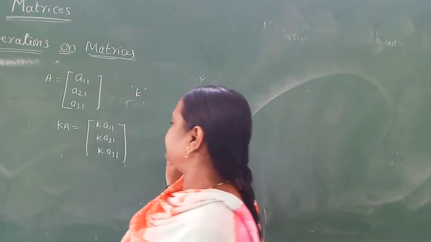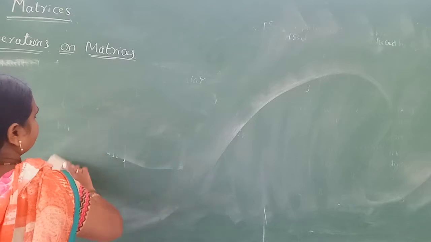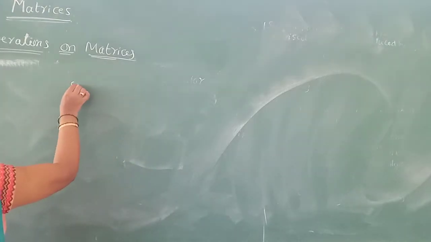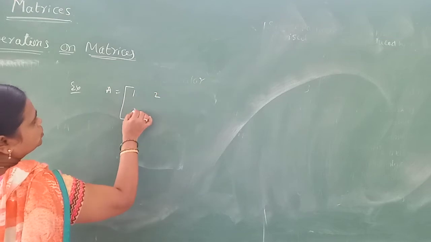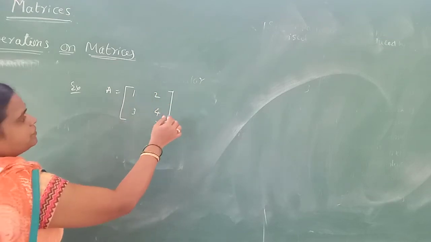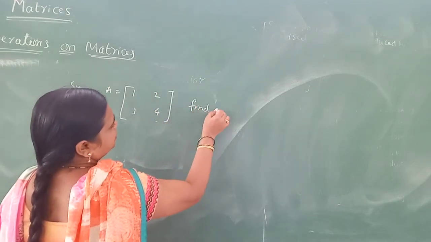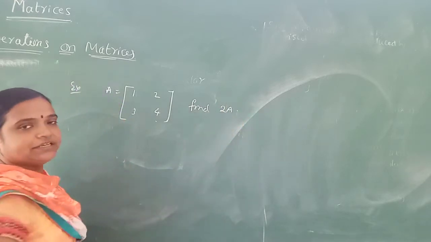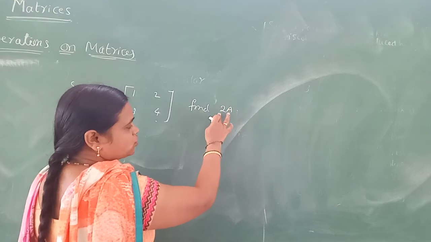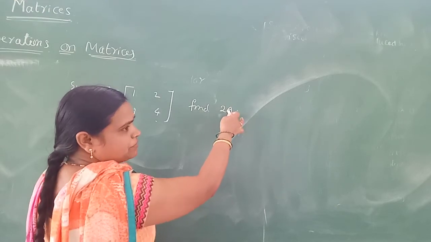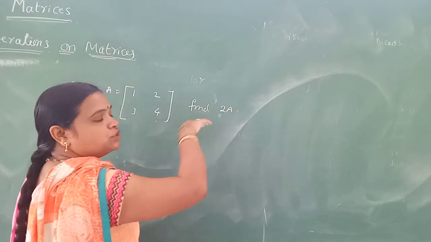For example, if matrix A is 1, 2, 3, 4, calculate 2 into A. This 2 is a constant, and this constant is multiplied with each and every element of A. Then only we get 2A.